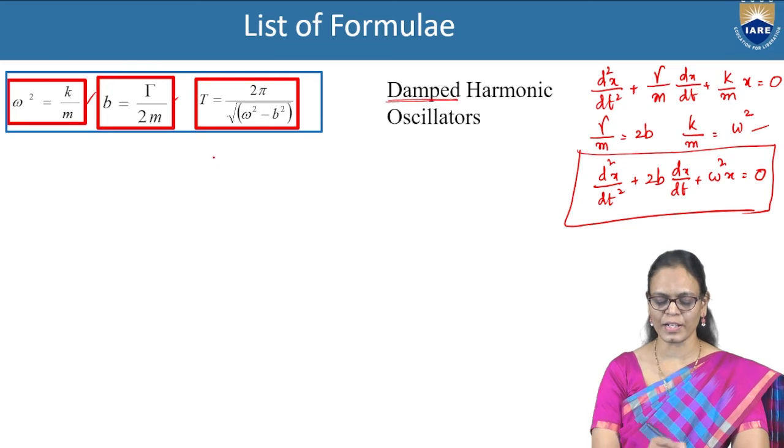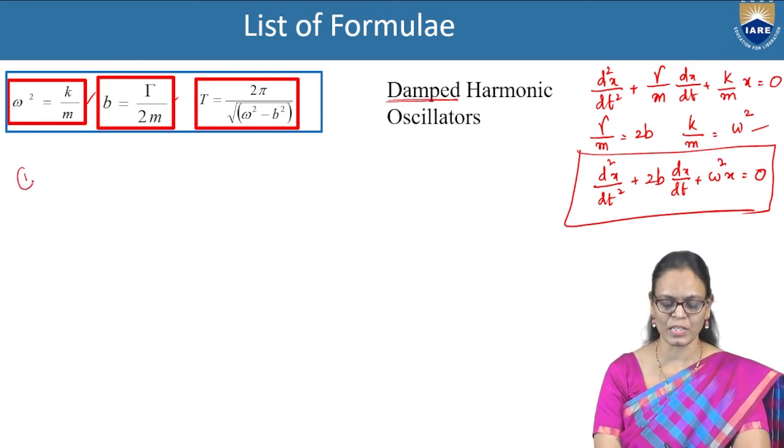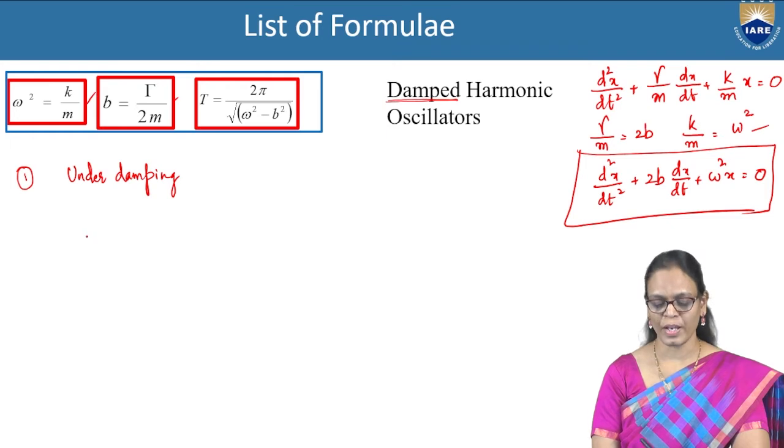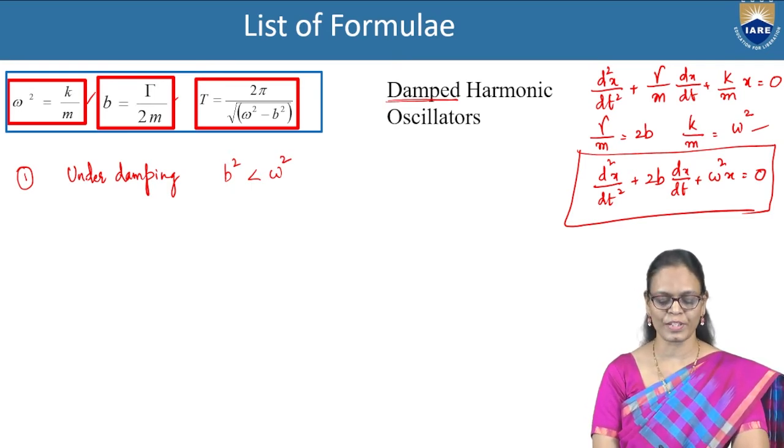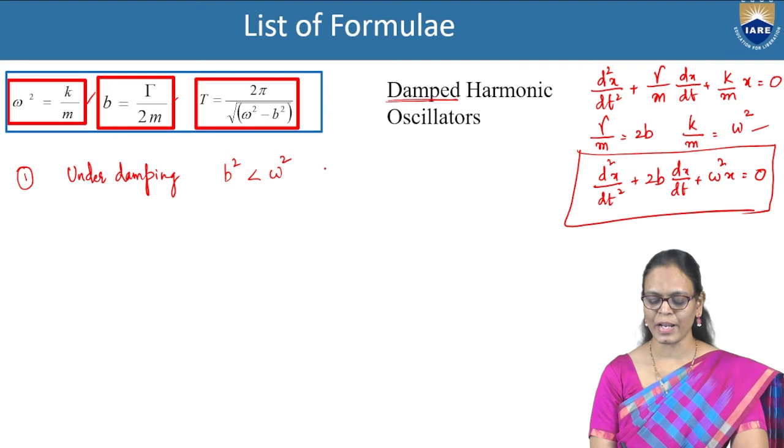So what are the three conditions for damping? First one is under damping. So what is under damping? When b square is less than omega square, there will be under damping and the system will oscillate and then gradually come to rest.